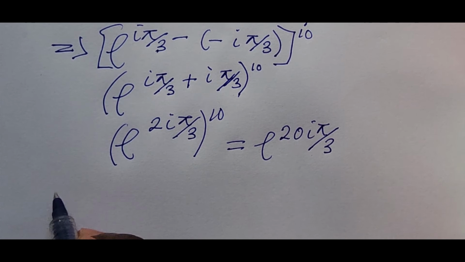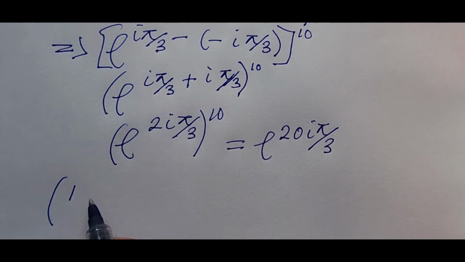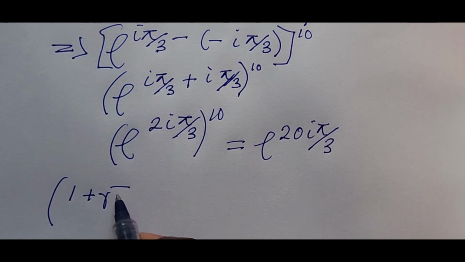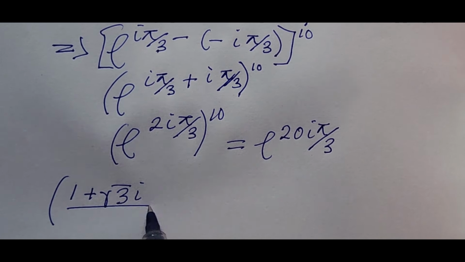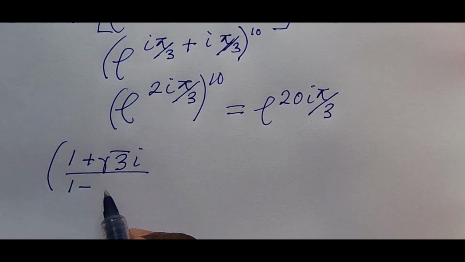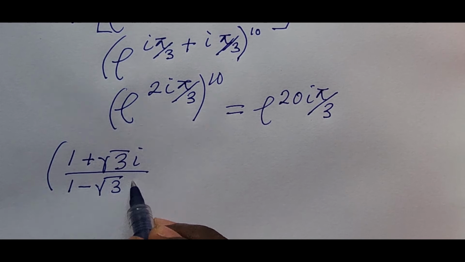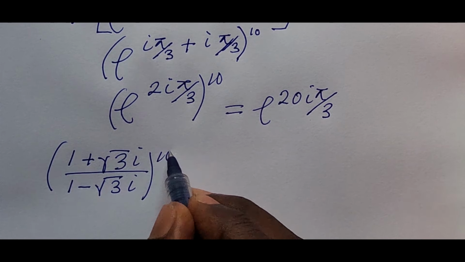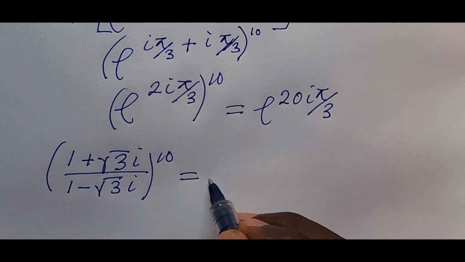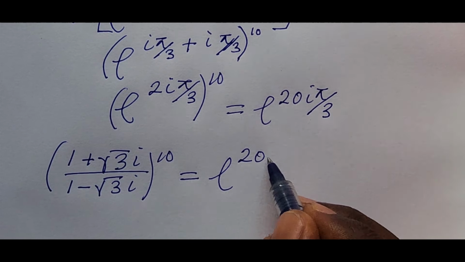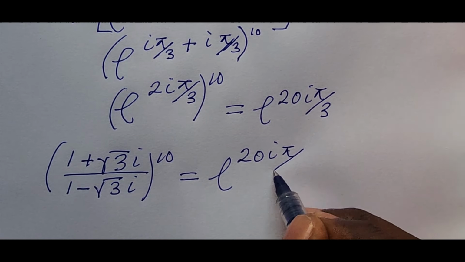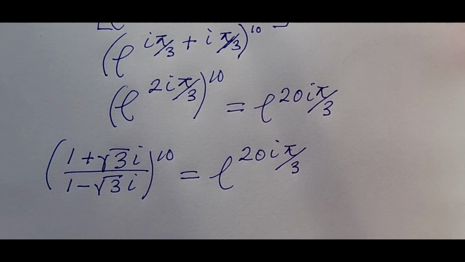It means that our original expression, which is 1 plus the square root of 3i all over 1 minus the square root of 3i all raised to the power of 10, is equal to e to the power of 20 iota pi all over 3.